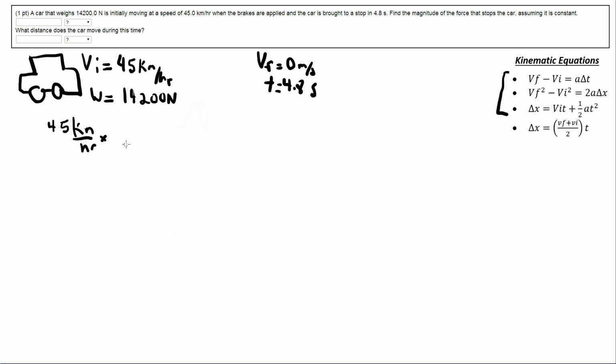It would make our lives a whole lot easier. We know that 1 kilometer is equal to 1,000 meters, and we know that 1 hour is 3,600 seconds. This is going to give us 12.5 meters per second.